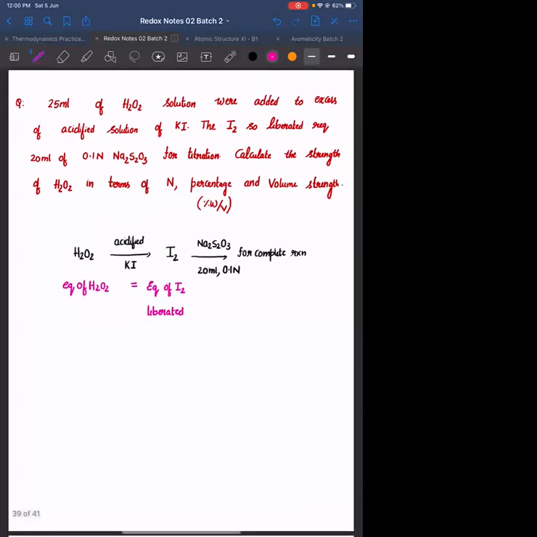I am not bothering about the equivalents of KI in the solution because it is added to excess of acidified solution of KI. So there can be more of it, but the amount that will react with H2O2 will be equal to the equivalents of H2O2, and that must be equal to the equivalents of I2 liberated, which must be equal to the equivalents of Na2S2O3 consumed.